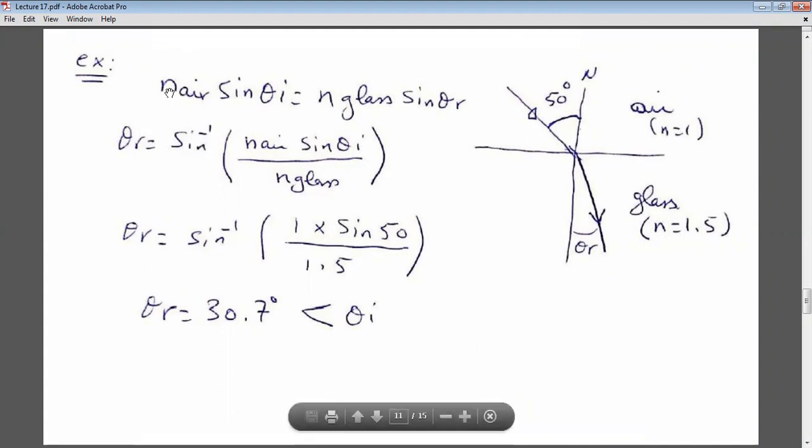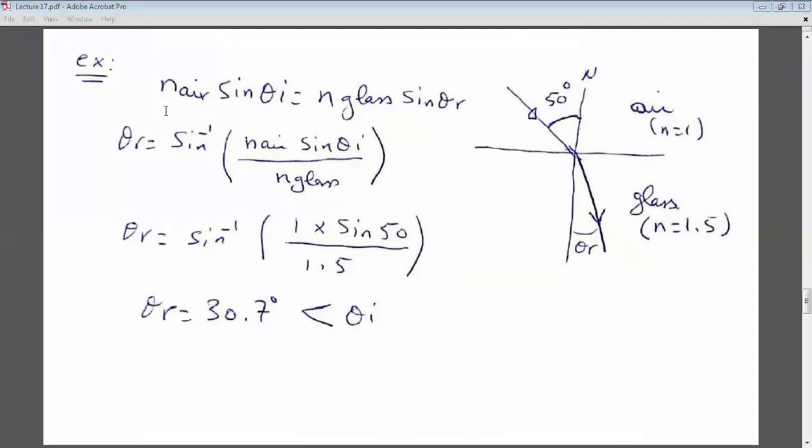So we apply N of air sine theta I equals N of glass sine theta R. N of air is 1 times sine 50 equals 1.5 sine theta R. Now we multiply 1 by sine 50 and divide by 1.5.